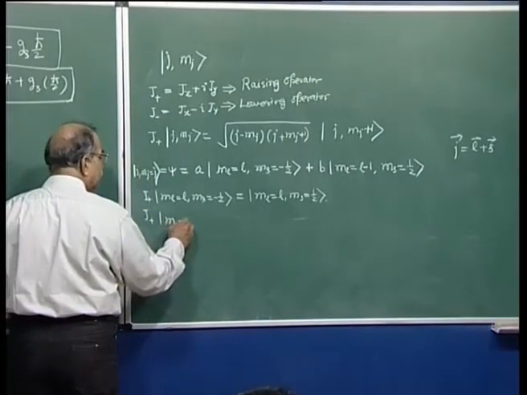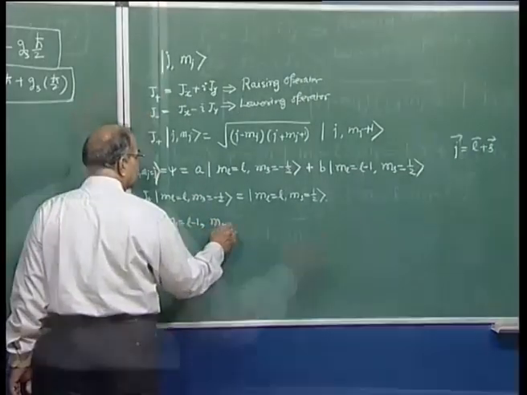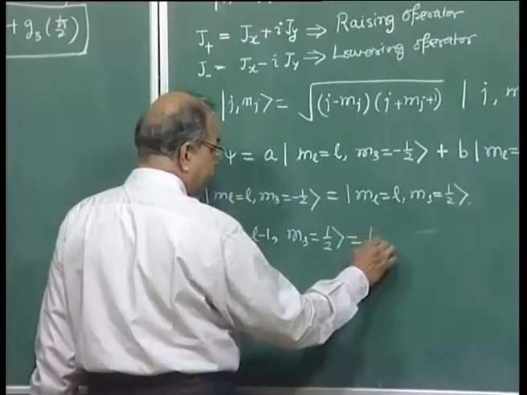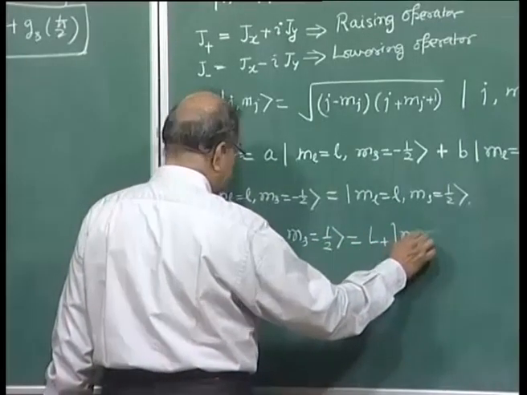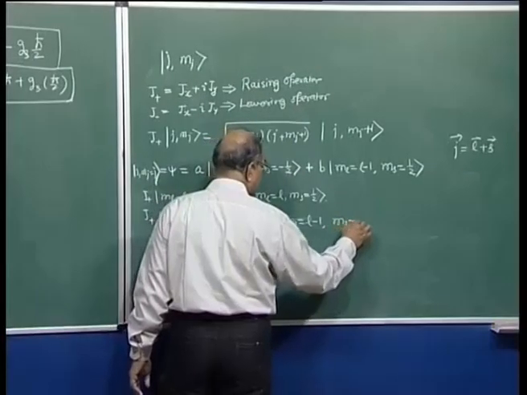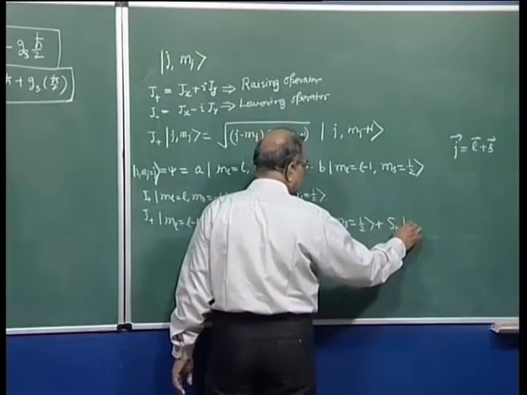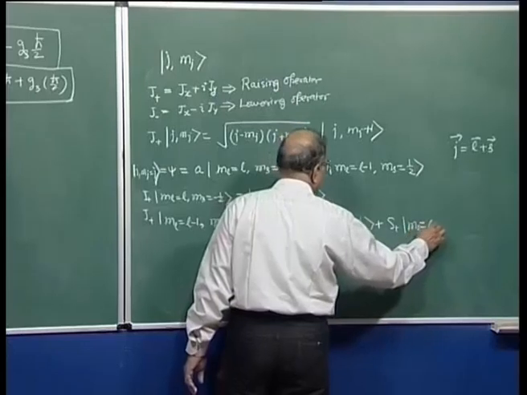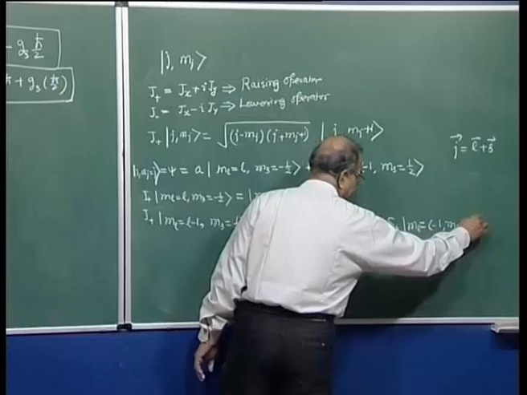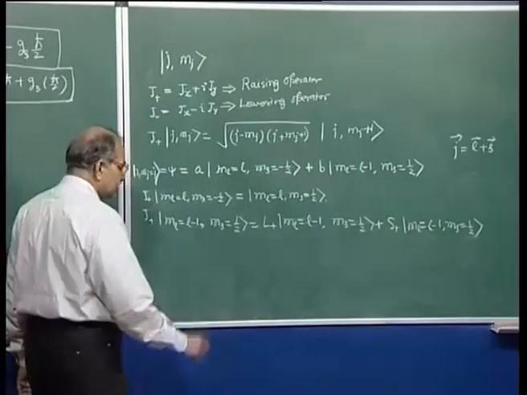ML equal to L minus 1, MS equal to half, operate on this. So, once again this is L plus operating on ML equal to L minus 1 and MS equal to half, plus S plus operating on ML equal to L minus 1 and MS equal to half, because J plus is L plus plus S plus.